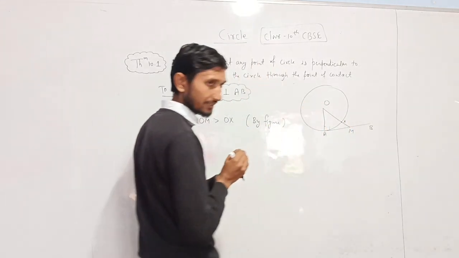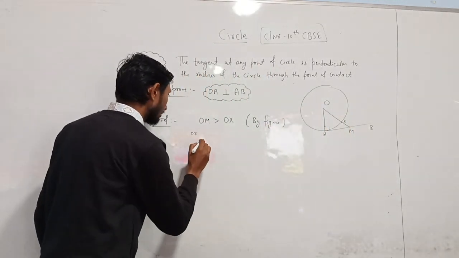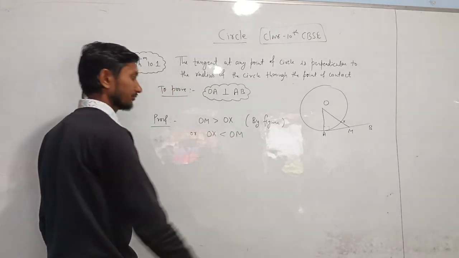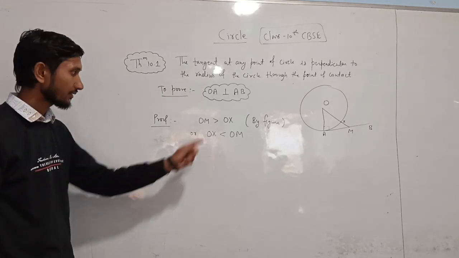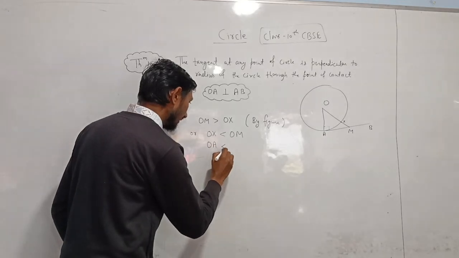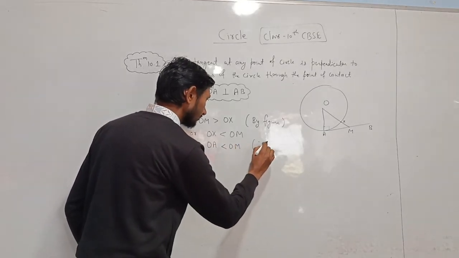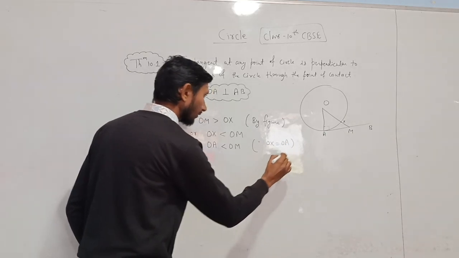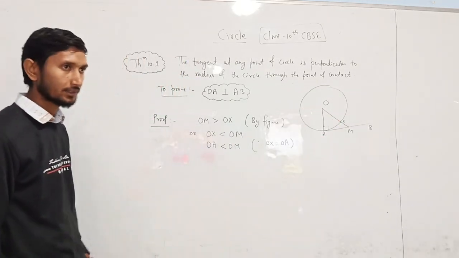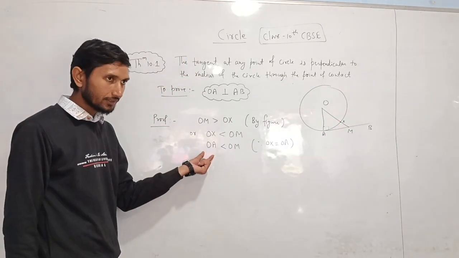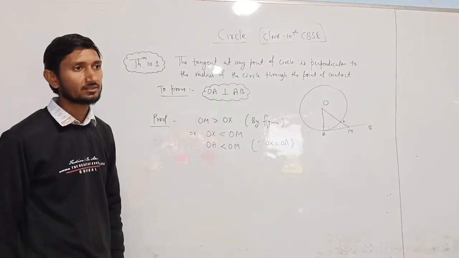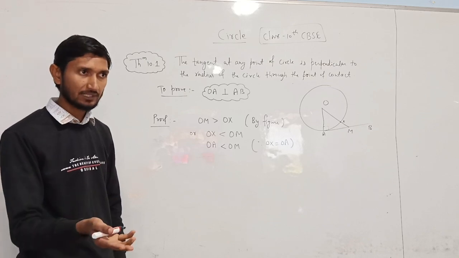OM is greater than OX. Can I write OA in place of OX? Can I write OA is equal to OX? Okay, so I can say that OA is the smallest, shortest distance. You can use smallest as well as shortest.